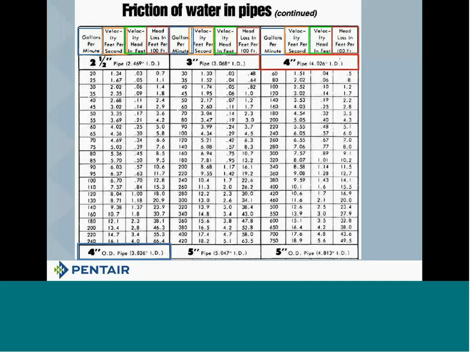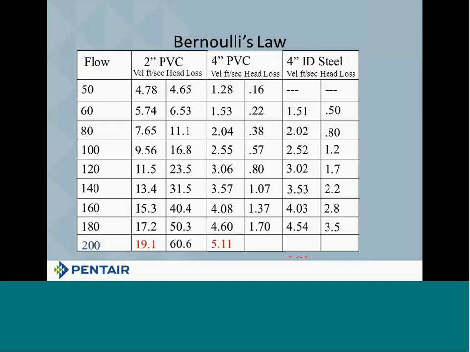Okay? So if we take our 4-inch pipe at 200 gallons a minute, you're going to notice that the velocity is 5.05. So we'll fill it in there. And, of course, what we see is this. As long as the ID of the pipe is the same, the velocity will be so close, we're not going to notice a difference. 0.06 of a foot per second is what we're talking about here.